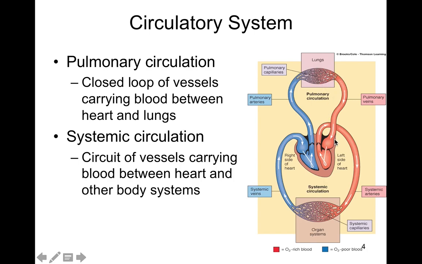You then have the systemic circulation, which is a closed circuit of vessels for carrying blood between the heart and other body systems. So the systemic circulation takes the oxygenated blood that has come from the lungs, delivered to the heart, and then the heart will pump this blood to the body where the oxygen is taken up by the tissues, waste products are then absorbed, and then this goes back to the heart.